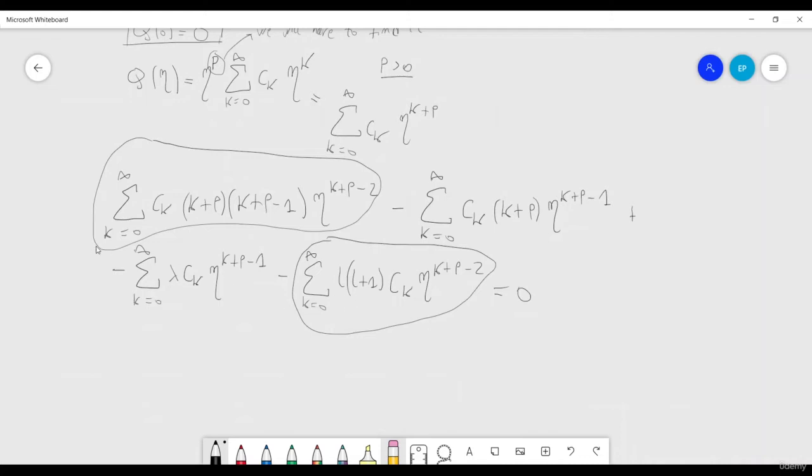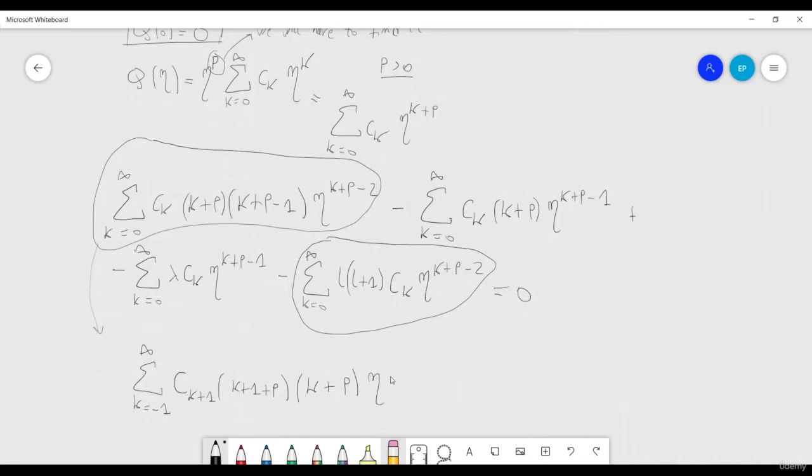In particular, the first one here will become sum over k from minus 1 to infinity, and then of course I have to replace k with k plus 1 here, because when I set k equal to minus 1 here, I should start from c0, because here I start from c0. And then here I will replace k by k plus 1, and then I have plus p, and here I will have k plus p, plus 1 minus 1, which is 0, of course.